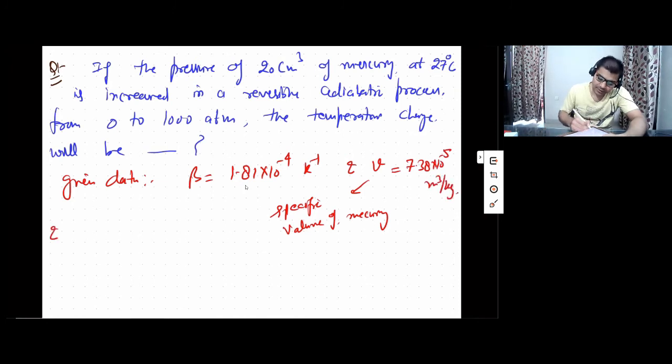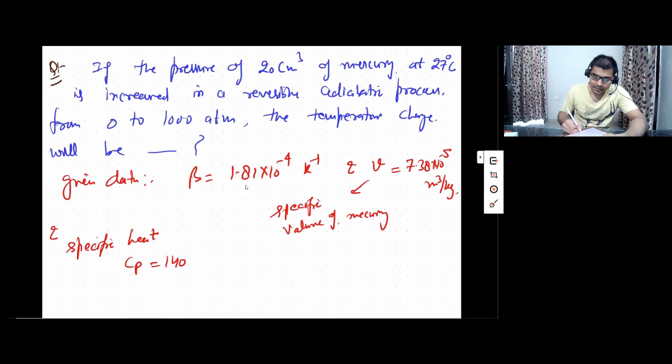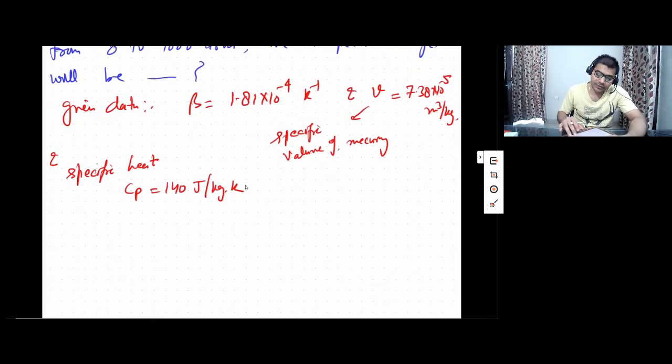The specific heat is also given to us. It's not the heat capacity, this is the specific heat, given as 140 joule per kilogram Kelvin. So everything is in SI units.